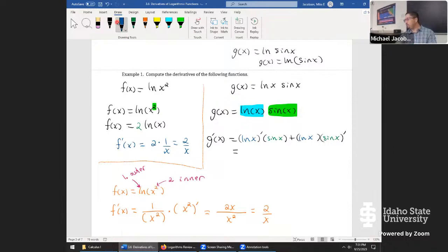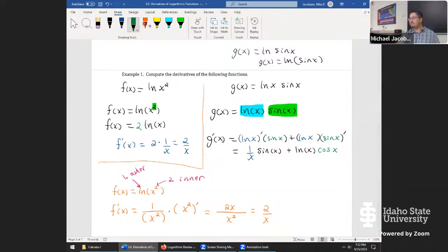Exactly, that one turns into a 1 over X. Copy in our sine X. I want to change that to black just to say no derivative happened there. Plus, here we'll copy in natural log X. I'll put a parentheses around that to say, now when we differentiate sine, nothing over here is going inside that logarithm function, but the derivative of sine X will go to cosine of X.